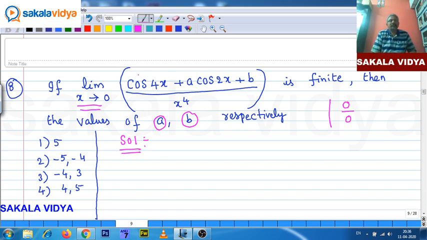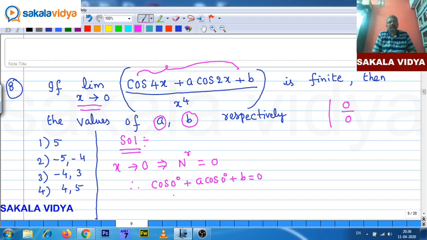That means as x approaches 0, the numerator should become 0. So, therefore, we get cos 0 plus a cos 0 plus b should be 0.